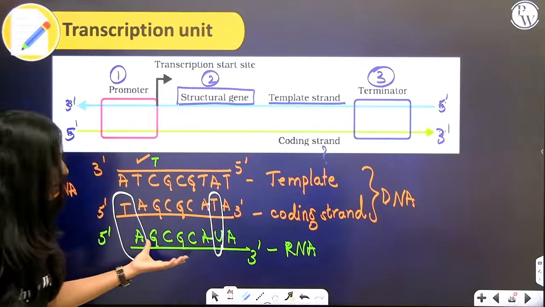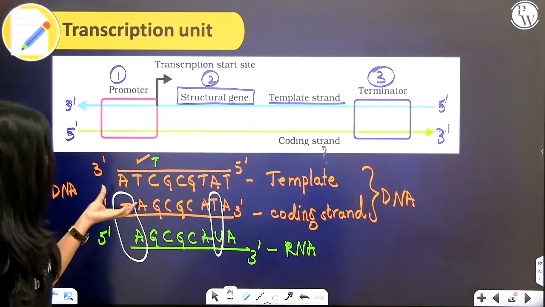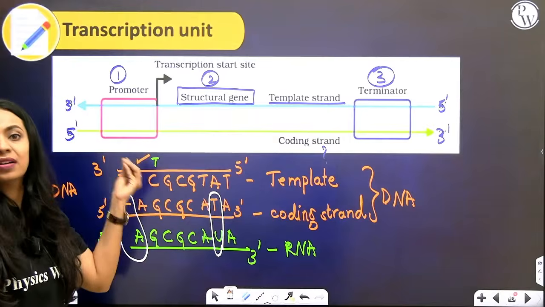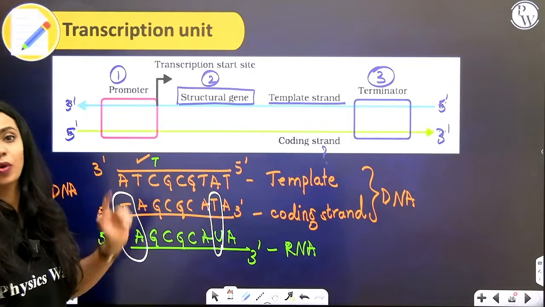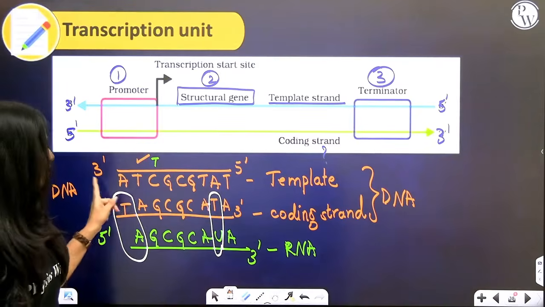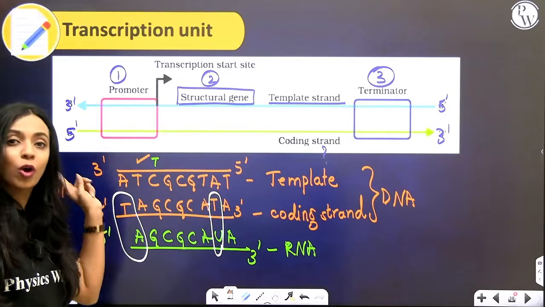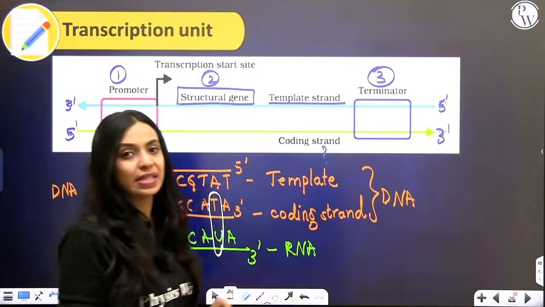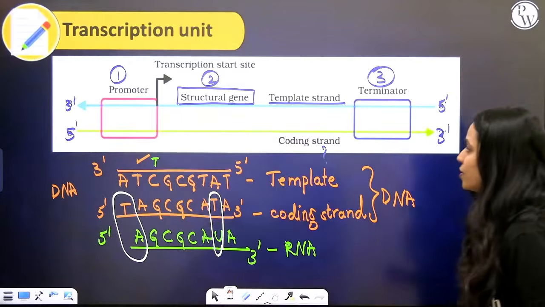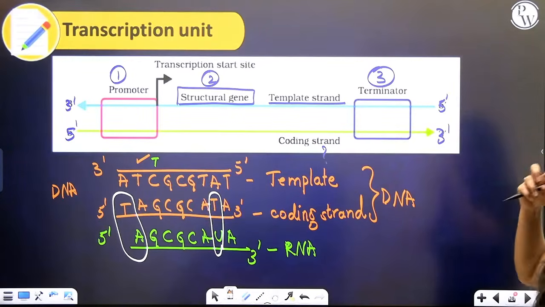Because it is RNA that is ultimately carrying the information to the ribosome, and the coding strand has a similar sequence, we call this the coding strand, though it is not involved in transcription. The strand that is involved in transcription, the template strand, will have a complementary nucleotide sequence compared to the RNA that is newly synthesized. Alright, so that's about the different parts of the transcription unit.